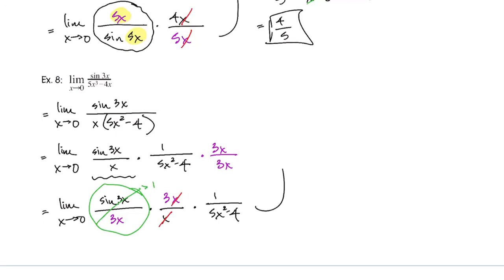So now let's kind of rewrite what we have. The limit as x approaches 0. Okay. What do we have left in the numerator? We have a 3. Good. And what do we have left in the denominator?